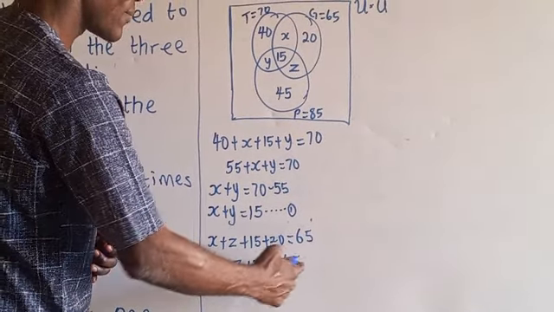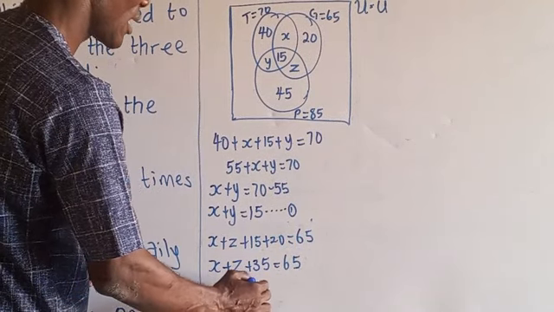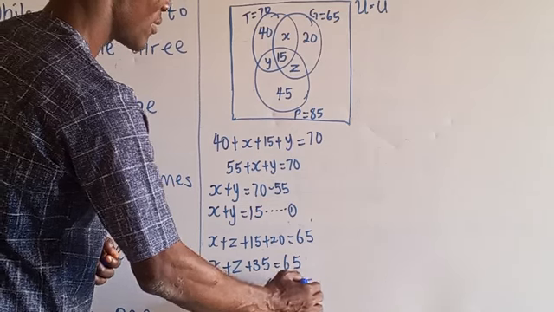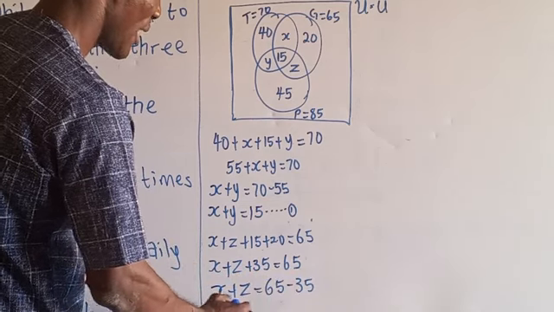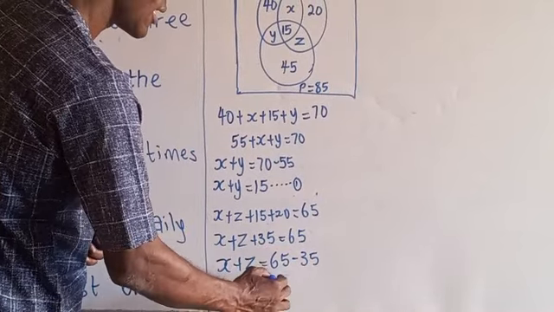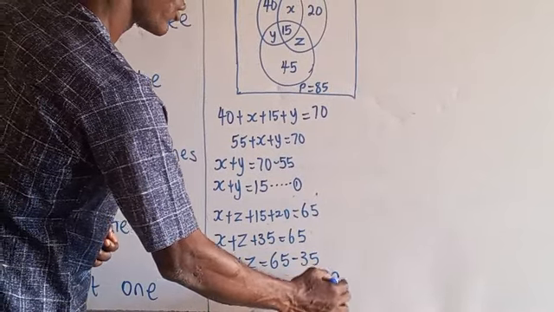Collecting like terms, x plus z equals 65 minus 35. That is 30. We call this one equation 2.